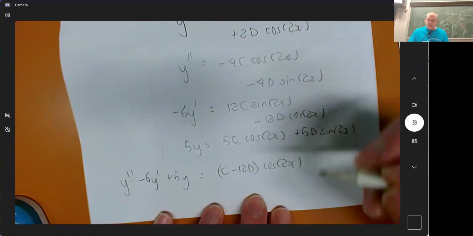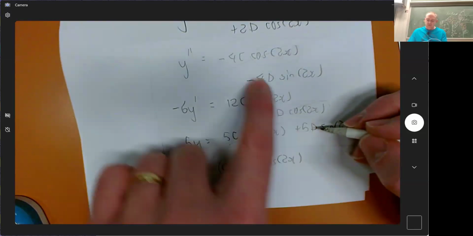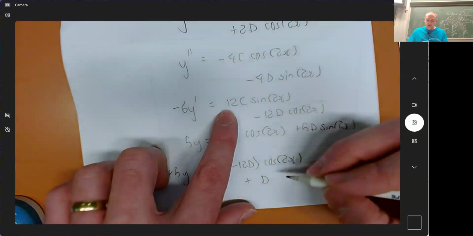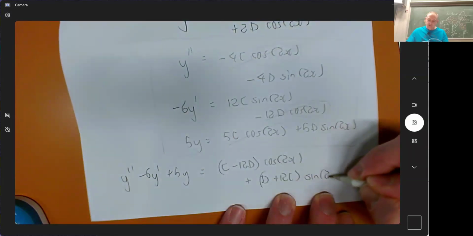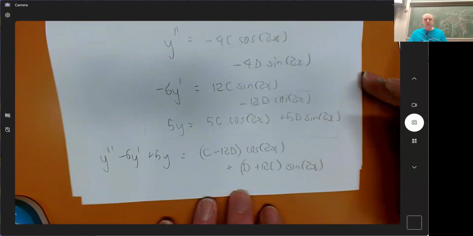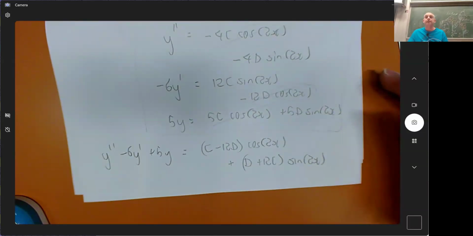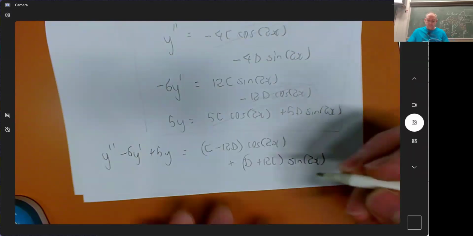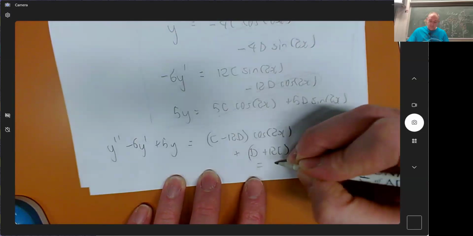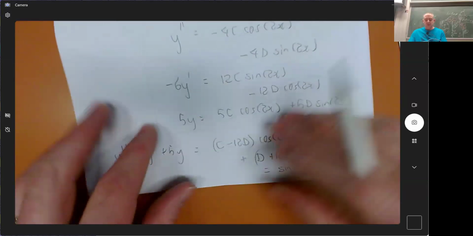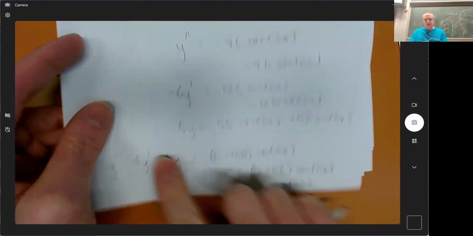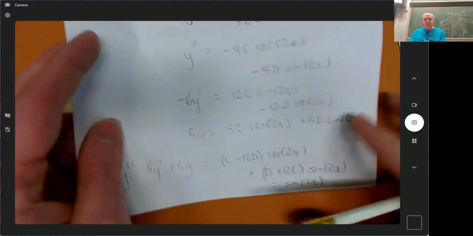And the sine of 2x's I have 5d minus 4d, which is d, and plus 12c sine of 2x. That's what happens when I add all of those things together. And this is supposed to work out to sine of 2x, because the original function, when I put all of this in here, is supposed to be equal to sine of 2x. So I'll put that in.